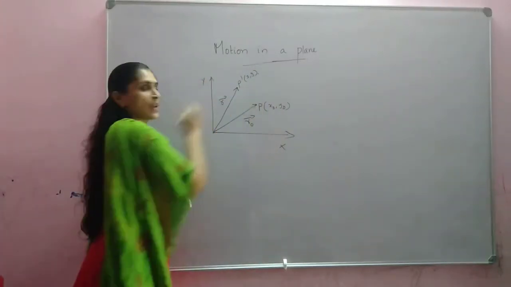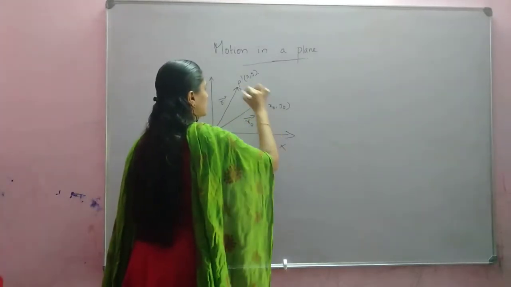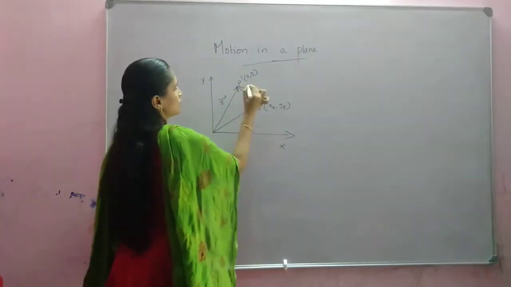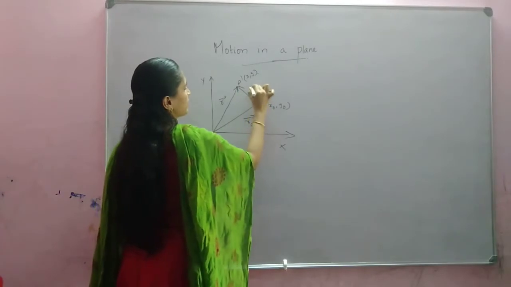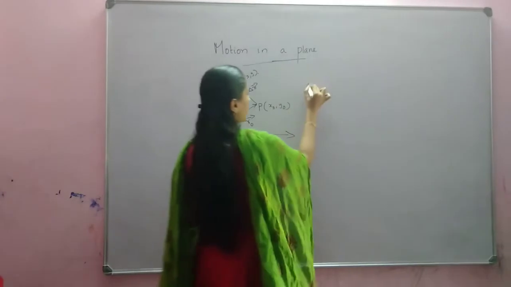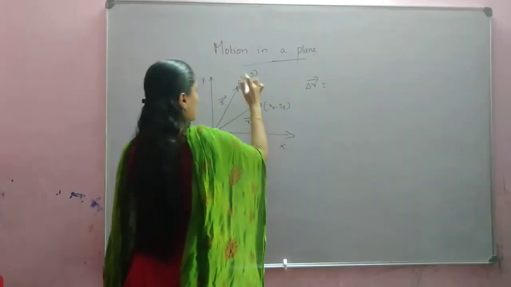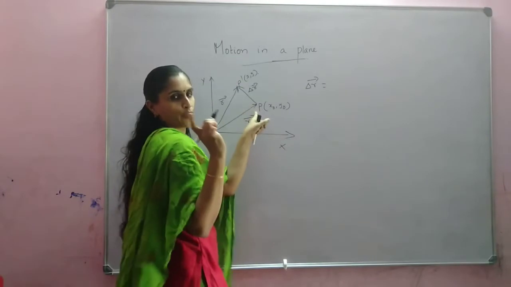Now what is the displacement vector? Displacement vector is given by this. So this will be the displacement vector that we can write as delta r. Delta r is equal to OP dash minus OP. How?